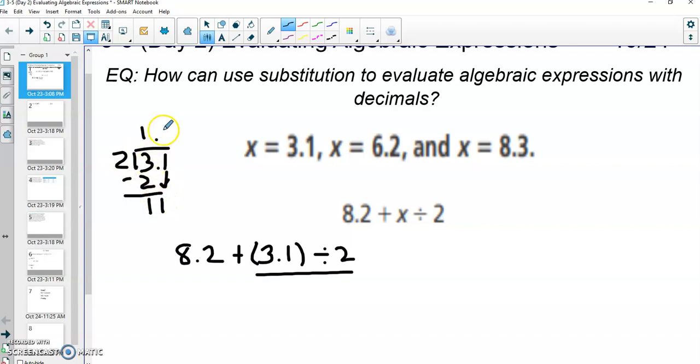So how many times does 2 go into 11? 5 times. Okay, we're going to annex the 0 and bring it down. So we now have 10. And we know that 2 goes into 10 5 times. So we have a value of 1 55/100. And we still need to add our 8 2/10 to that.